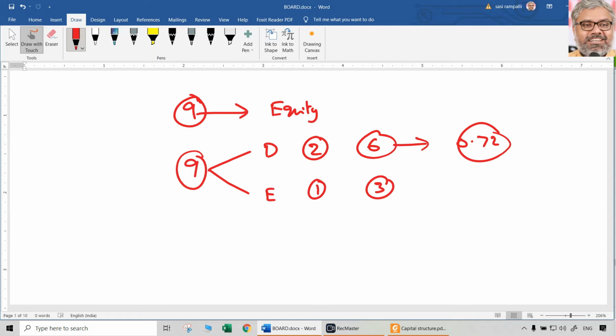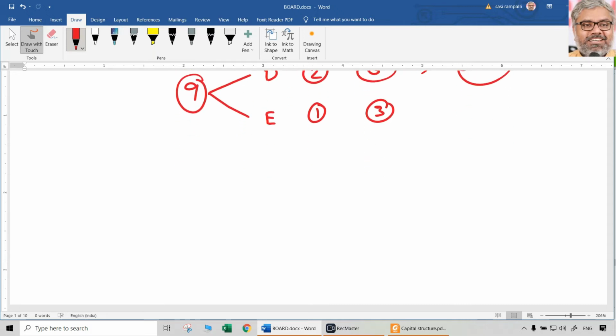That is one thing. So when we talk about the indifference point, we have to use the formula. We have to find the EBIT at which both options will give the same EPS. That is the point of indifference.